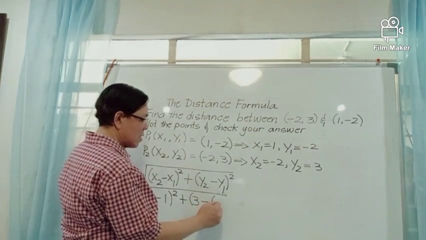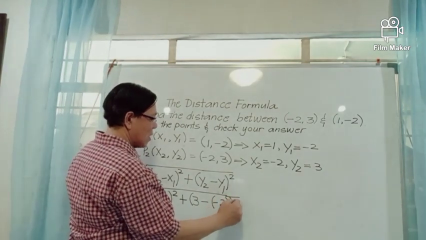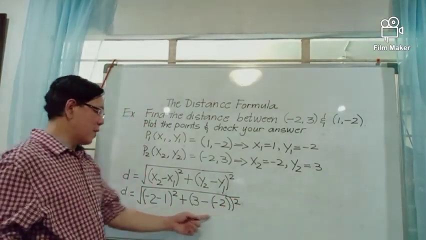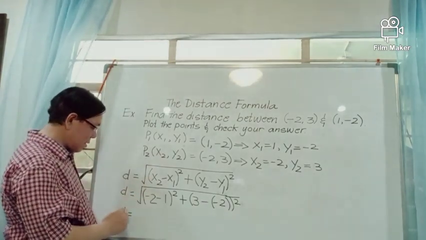We write negative of negative 2 squared. And we simplify the expression inside the radical sign.